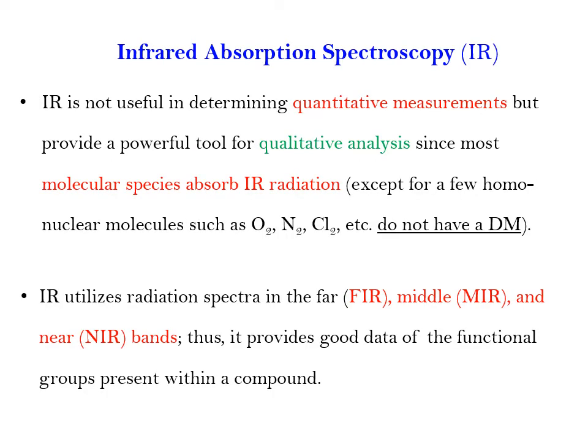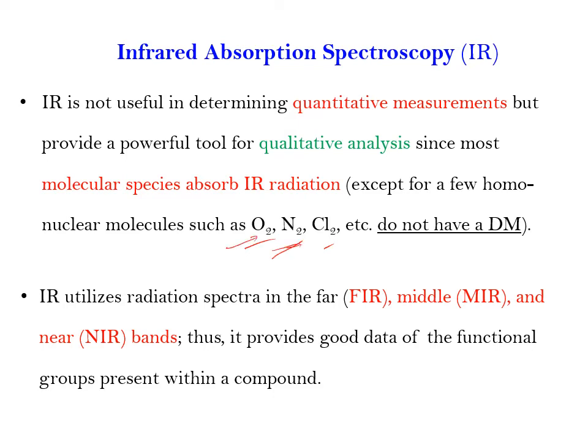So infrared is not useful for quantitative measurement, but provides a powerful tool for qualitative analysis, since most molecular species absorb infrared radiation, except homonuclear molecules. Homonuclear molecules don't have a dipole moment. For example, oxygen, nitrogen, and chlorine don't have a dipole moment because there is no positive and negative charge separation in these homonuclear molecules.